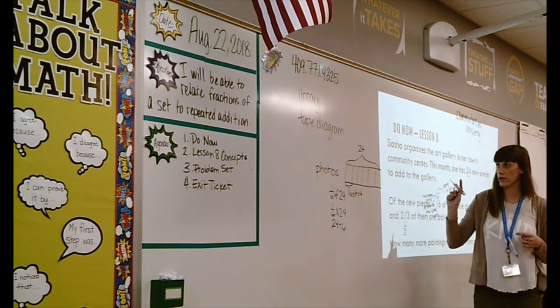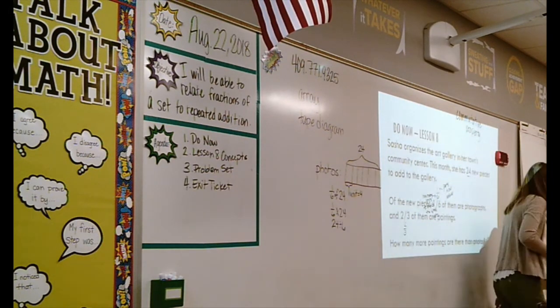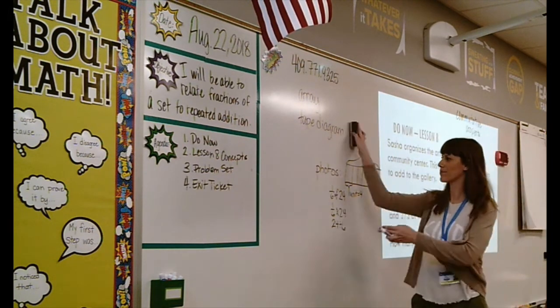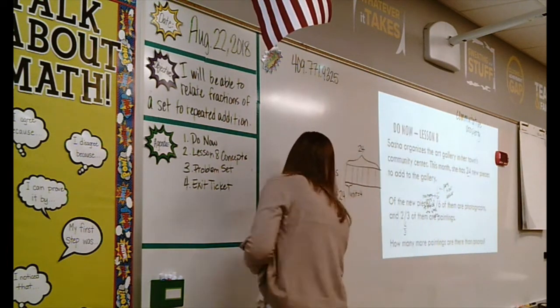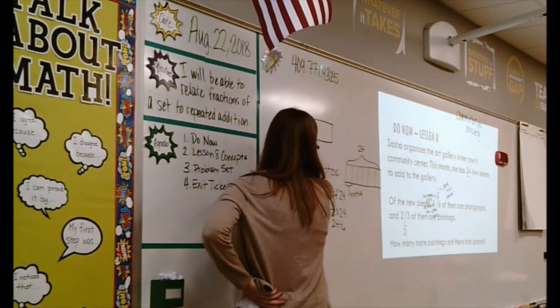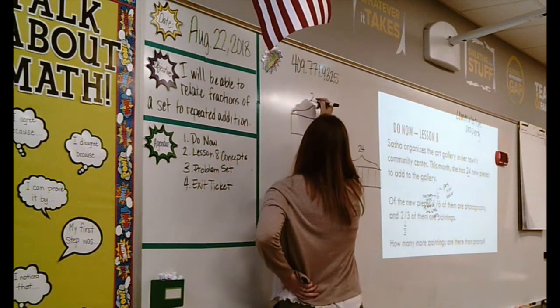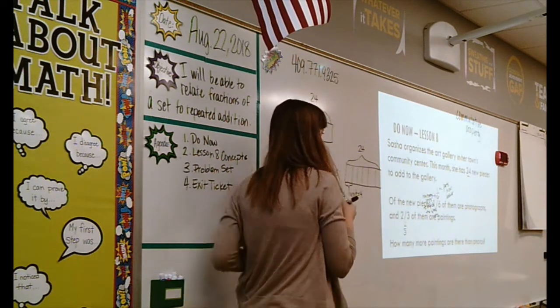Okay, so let's talk about how we work through this one. I'm going to draw another strip diagram, and tape diagram. I guess it's the same thing. Okay, we're going to draw another tape diagram. This time, is my total different? No. We still have 24 new pieces of art. It's just that 2/3 of them are paintings.